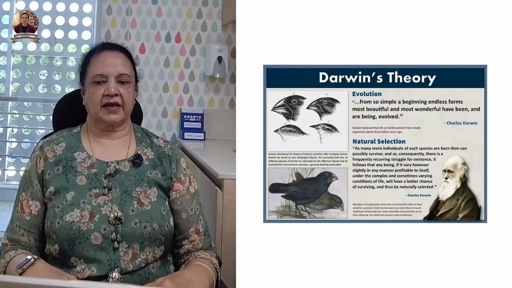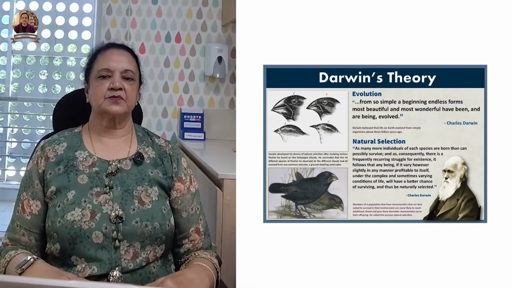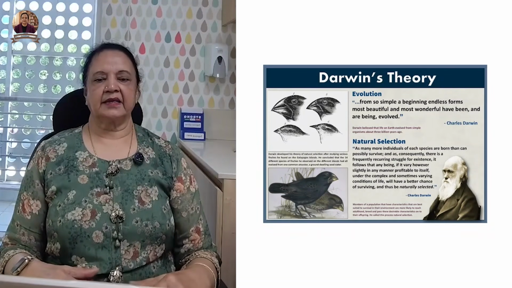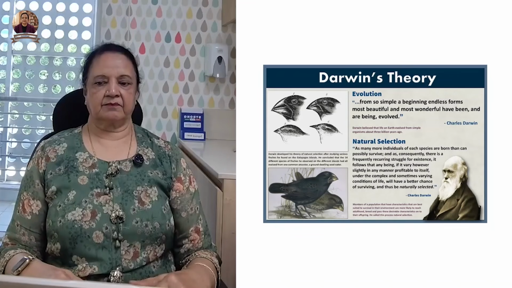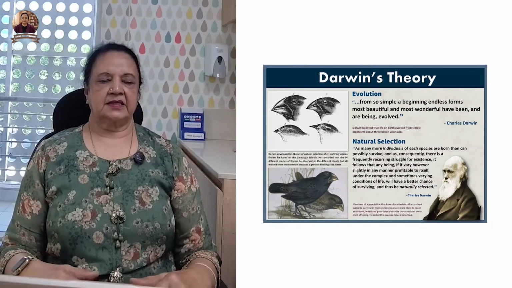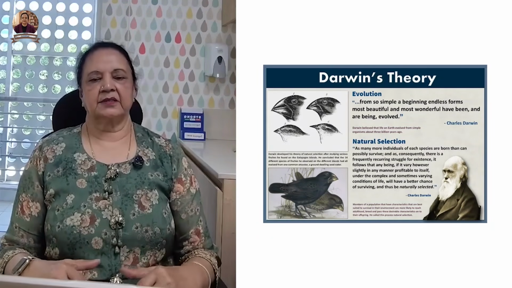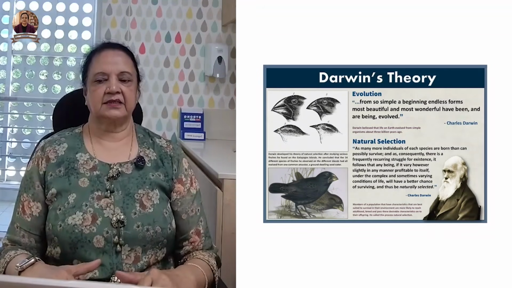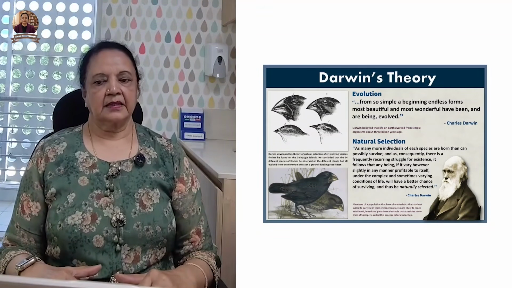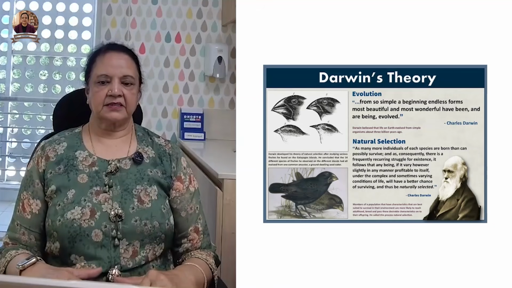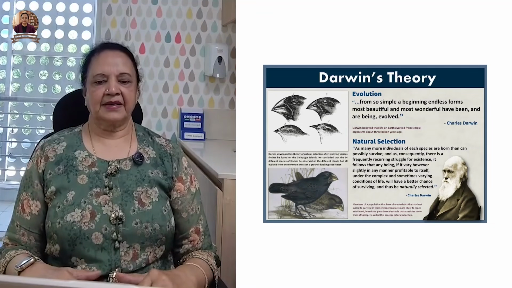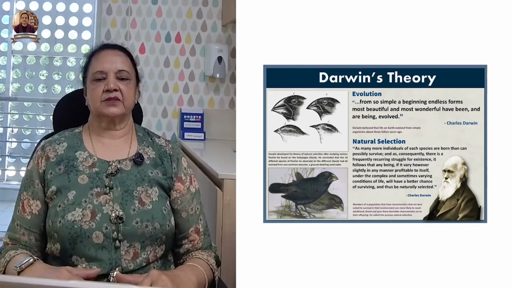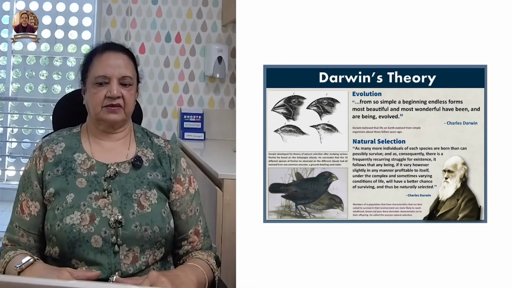First point, overproduction. Organisms produce more offspring than can possibly survive. Variations: individuals in a population have natural variations in their traits. Then comes struggle for existence. Due to limited resources, there is a constant struggle for survival.